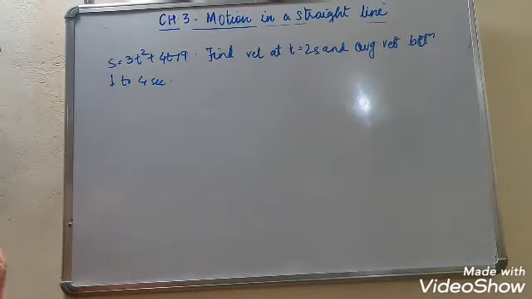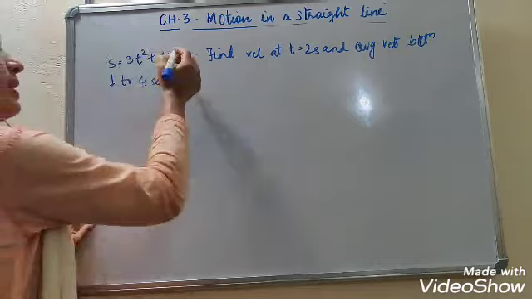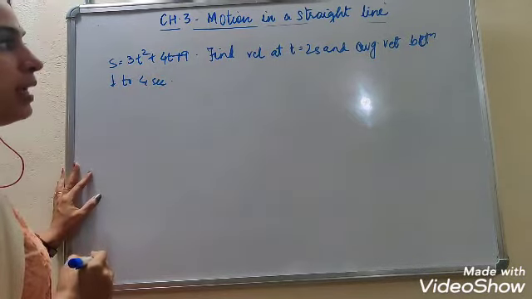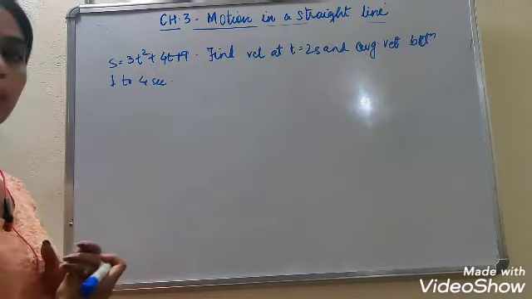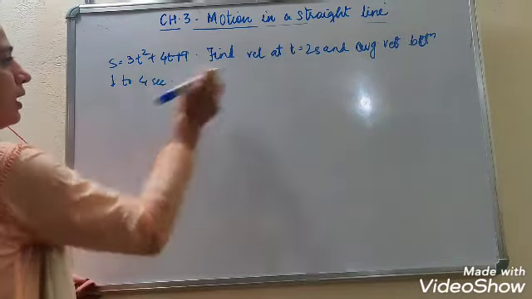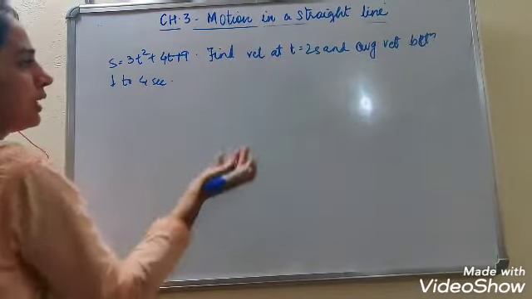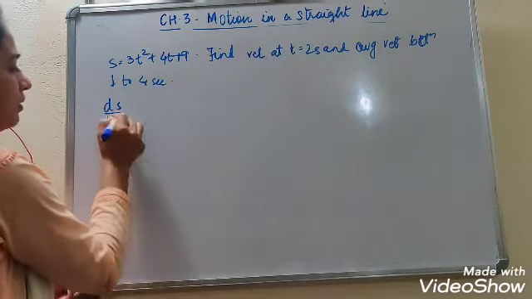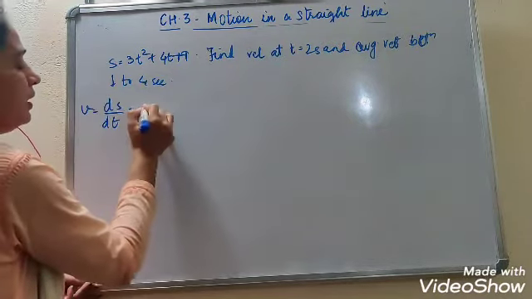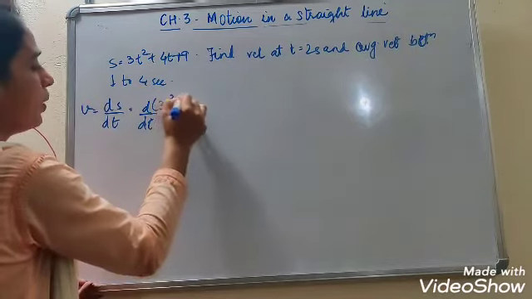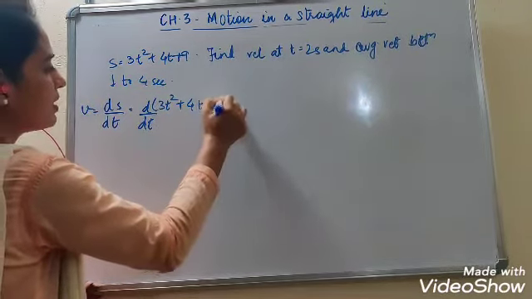So s equals 3t square plus 4t plus 9. Find the velocity at t equals 2 seconds and average velocity between 1 to 4 seconds. So you are going to find both the velocities. See, velocity v equals ds by dt, that is d by dt of 3t square plus 4t plus 9.